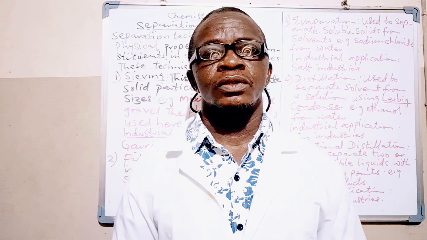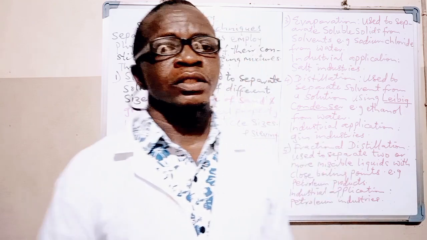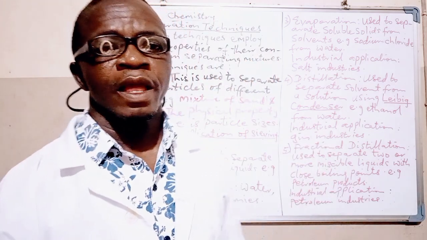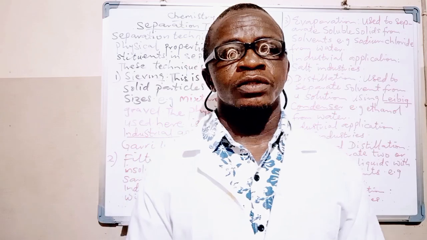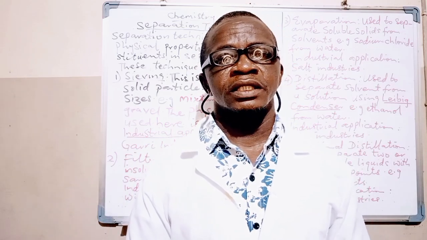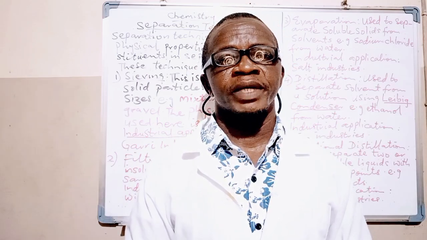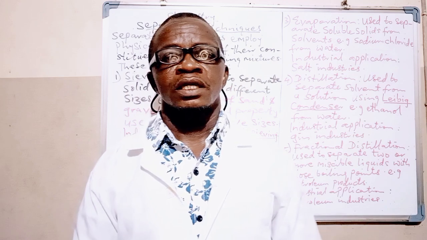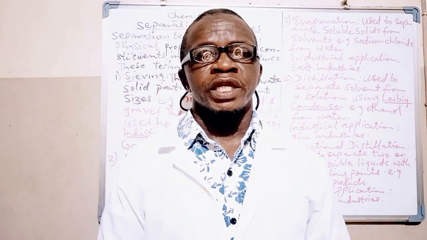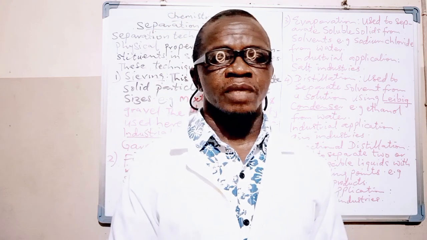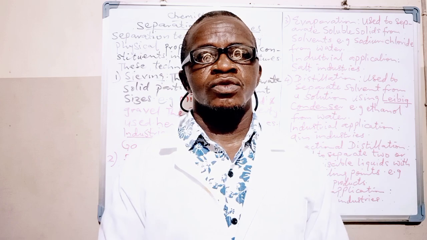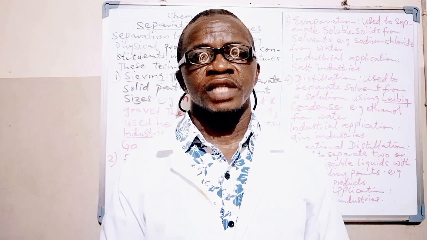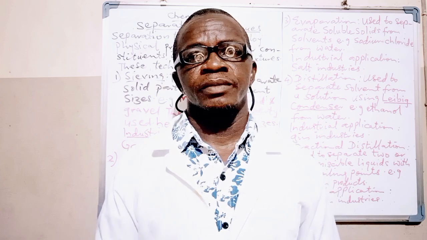Today we are going to take up separation techniques. And I want you to know that separation techniques employ the physical properties of substances in doing the separation. What is separation? Separation has to do with sorting out substances mixed together.